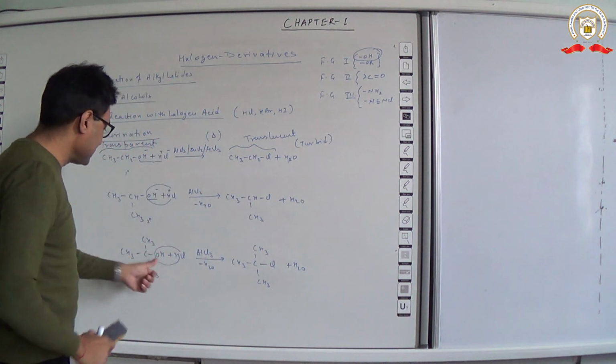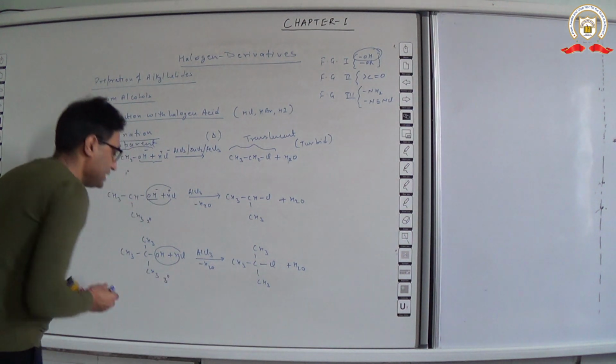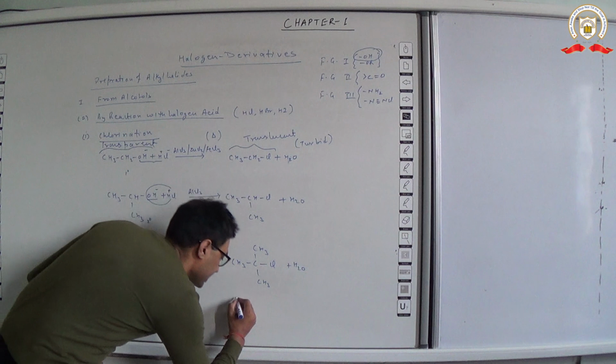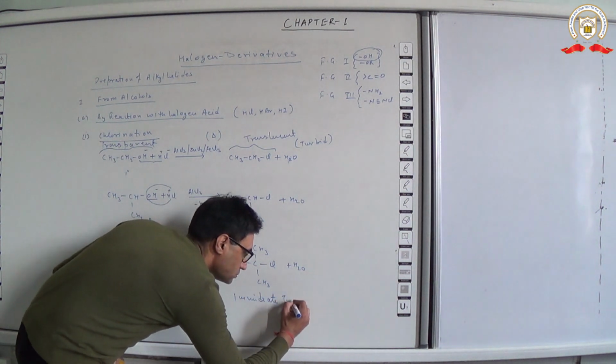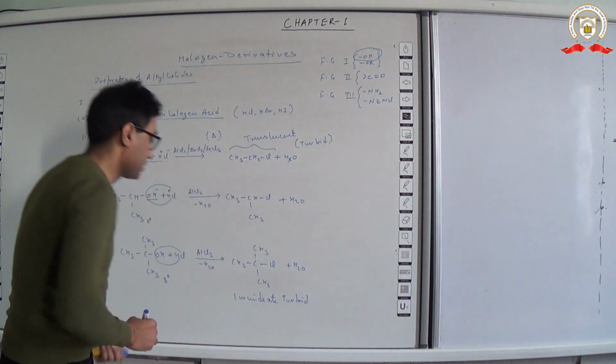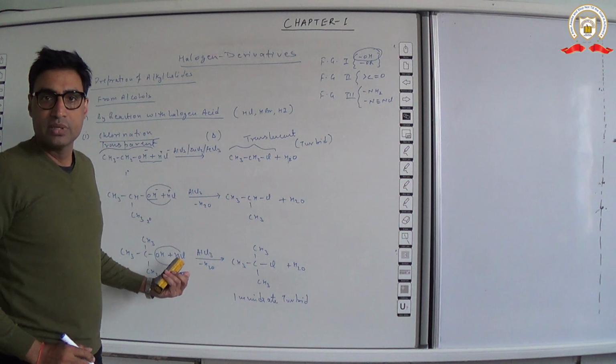So if you add HCl to a 3-degree alcohol, you will get immediate turbidity because it is most reactive. It has a tendency of releasing the OH negative ion most easily.